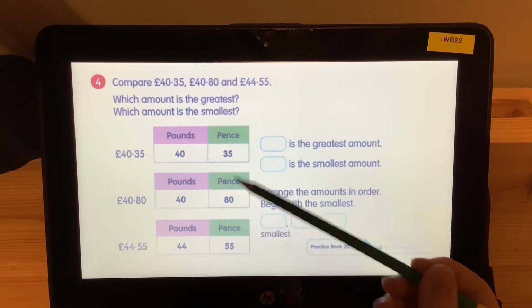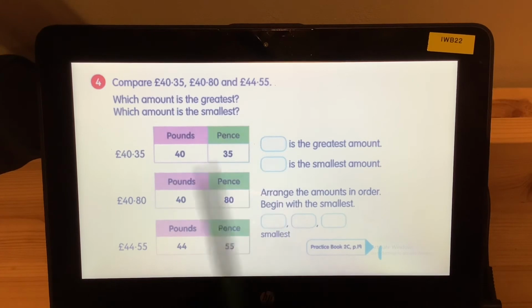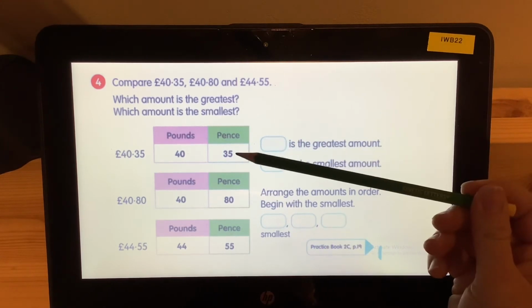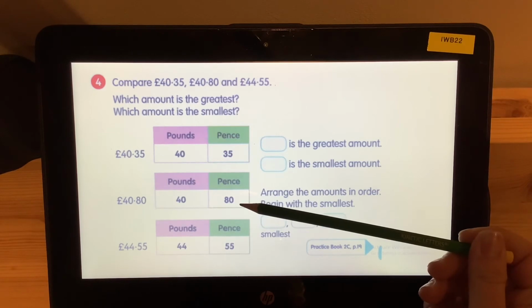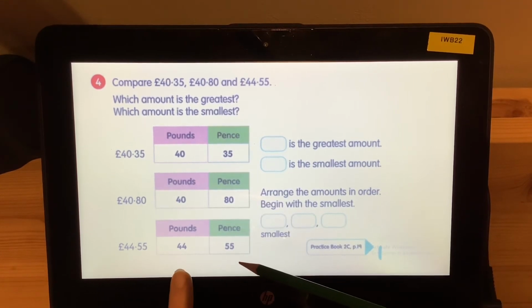We know that 80 is greater than 35, so that tells us that £40.35 is the smallest amount. Now, if we were going to arrange them in order from smallest to largest, beginning with the smallest is £40.35, then we'd have £40.80, and last we'd have £44.55 as our greatest amount.